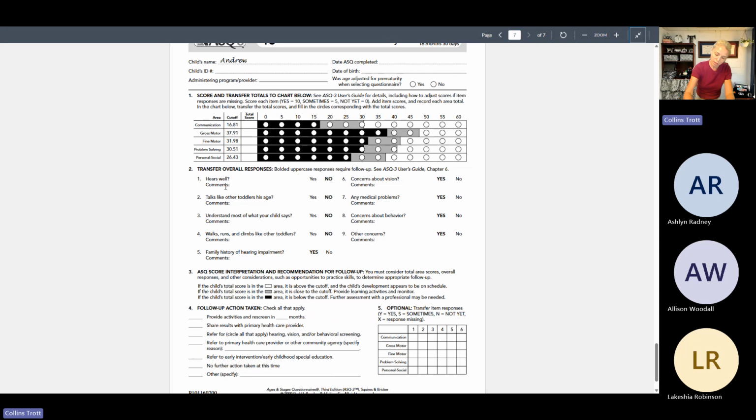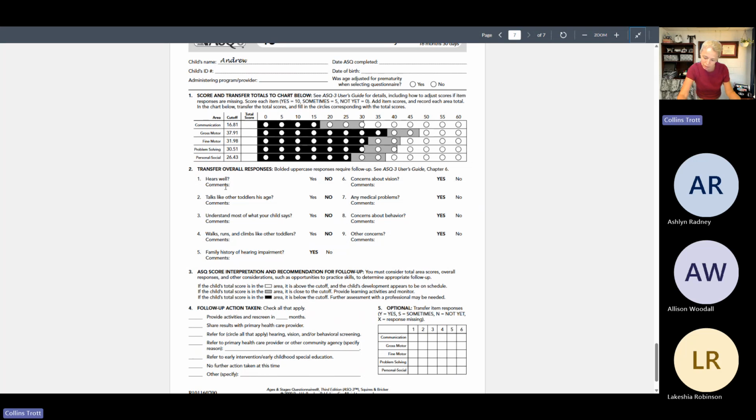His grandmother uses hearing aids. Number 6, no. Number 7, yes. Some ear infections. Number 8, no.